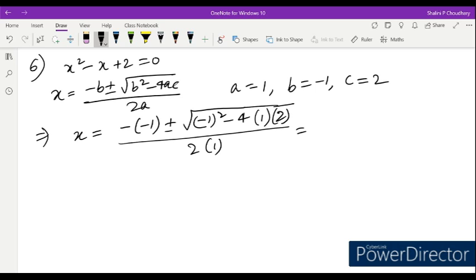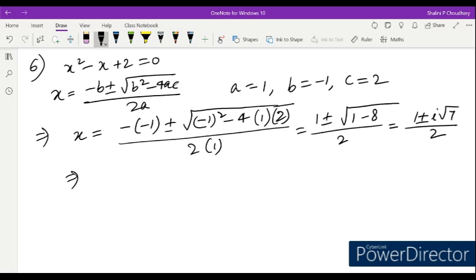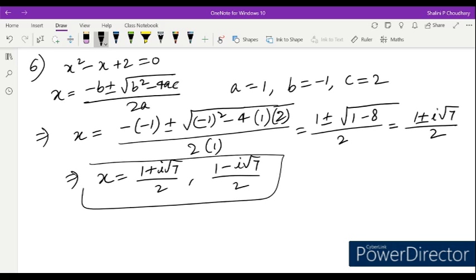It will be minus minus plus 1 plus minus square root of 1 का square 1 minus 8 divided by 2. So it will be 1 plus minus i square root of 7 divided by 2. So x के two roots क्या होंगे, 1 plus i root 7 divided by 2 and 1 minus i root 7 divided by 2.